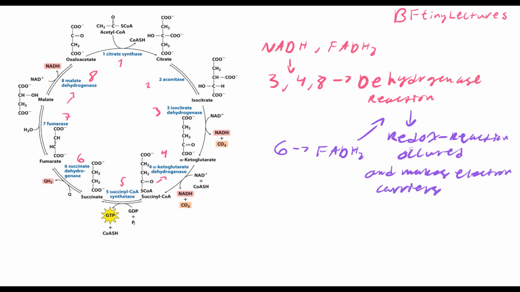Whenever you see dehydrogenase reactions, you know that either NADH or FADH2 is going to be made, and I know for sure that this is going to be an oxidative reaction. Notice that there are only 4 steps, 3, 4, 8, and 6. Each one of them is going to be oxidative.